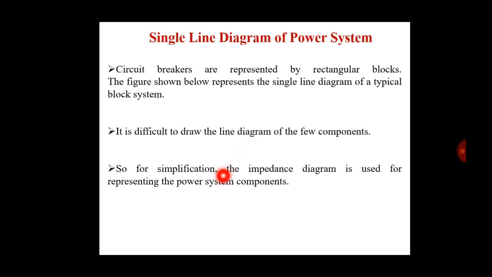So for simplification, the impedance diagram is used for representation of power system components. So for simplification of the single line diagram, we make the impedance diagram of a power system.